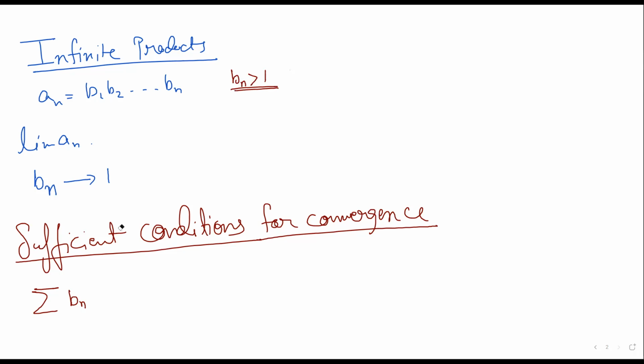Okay, fine. So this is just assuming. Now, what if I told you that this summation of bn minus 1 is finite, right? Does that imply that the limit is finite?